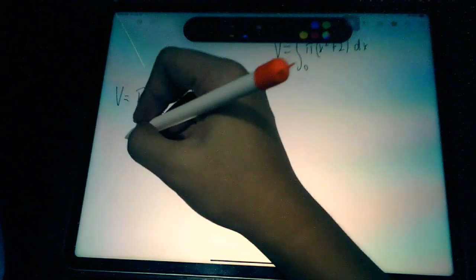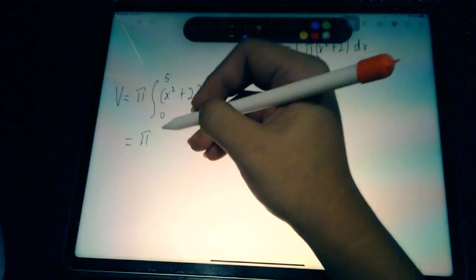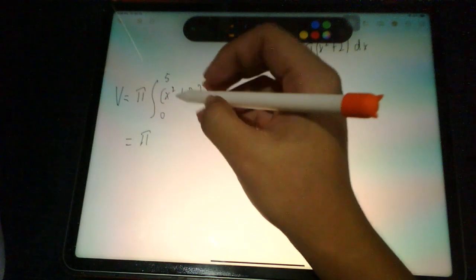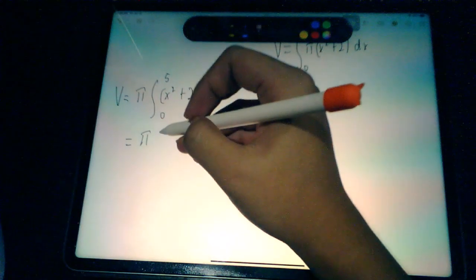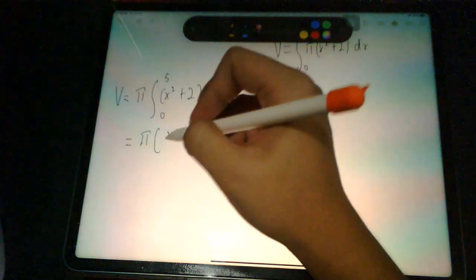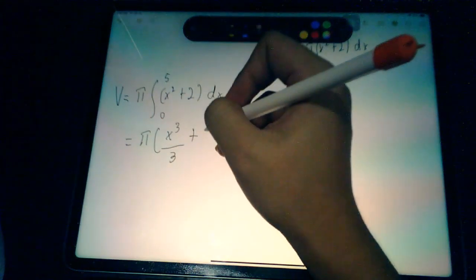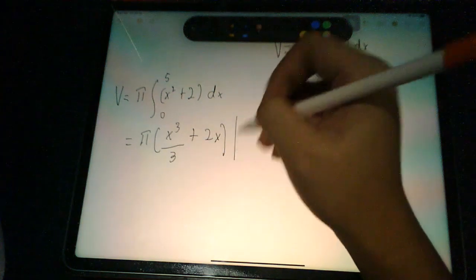So by integrating this, our answer, doing it mentally, is easy because all we need is the general power formula. So this is just equals to pi times x cubed over 3 plus 2x, from the limits 5 and 0.